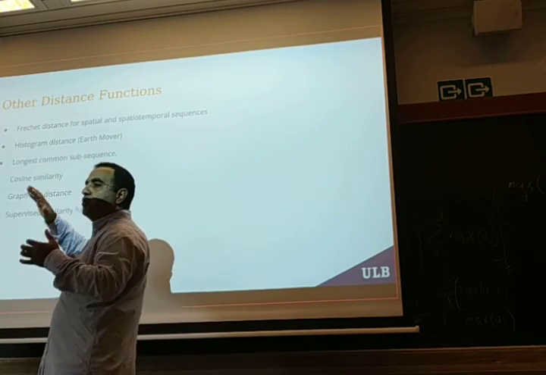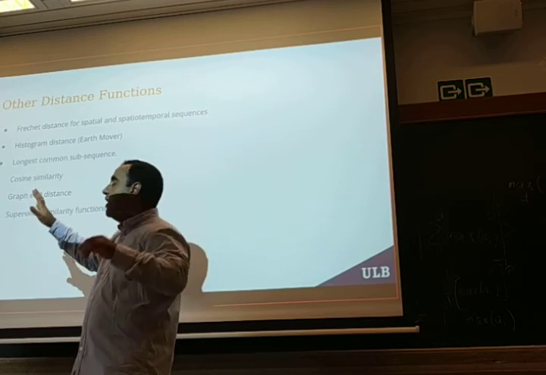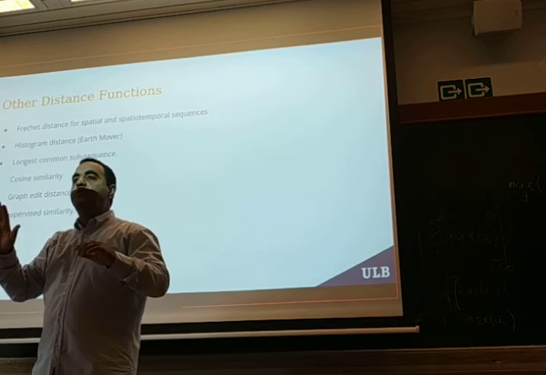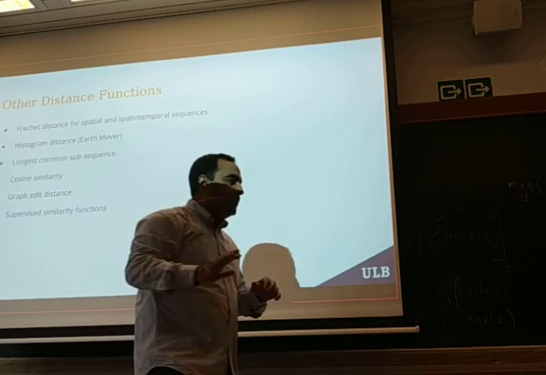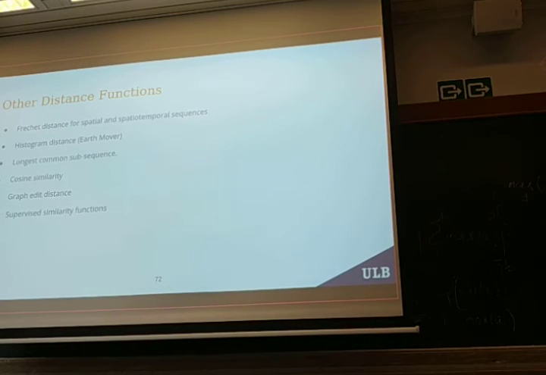If your data is histograms, then you have a kind of distance called Earth mover distance. You know a histogram is as such. So imagine we have the color histogram of an image, and we want to measure similarity between two histograms.